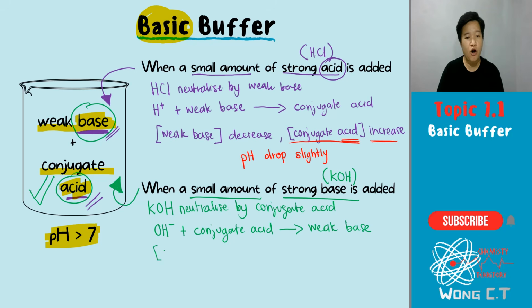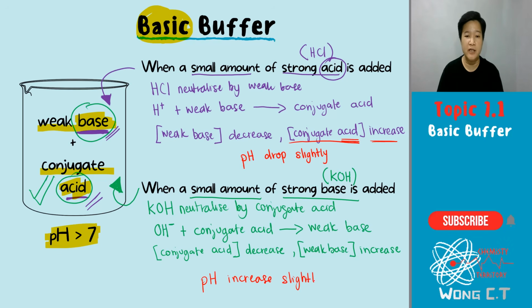And because your conjugate acid is being used to neutralize the base, the concentration of your conjugate acid will decrease. Vice versa, your weak base is produced during this process. Therefore, the concentration of your weak base will increase. As a result, your pH value will then increase very, very slightly.